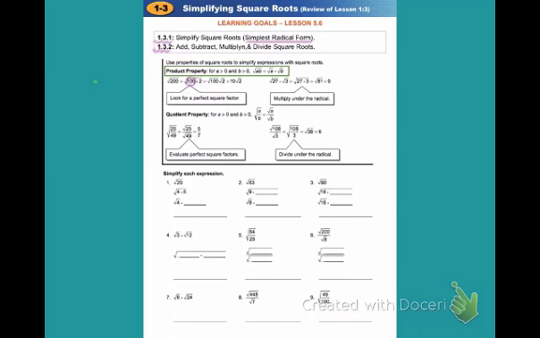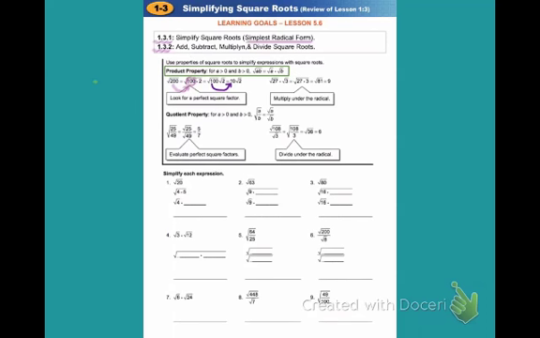So once I have 200 broken down into 100 times 2, then I can split it up so that I have two separate square roots: the square root of 100 and the square root of 2. Now the nice thing about the square root of 100 is it is a perfect square, and we can go ahead and take the square root of it to get 10.